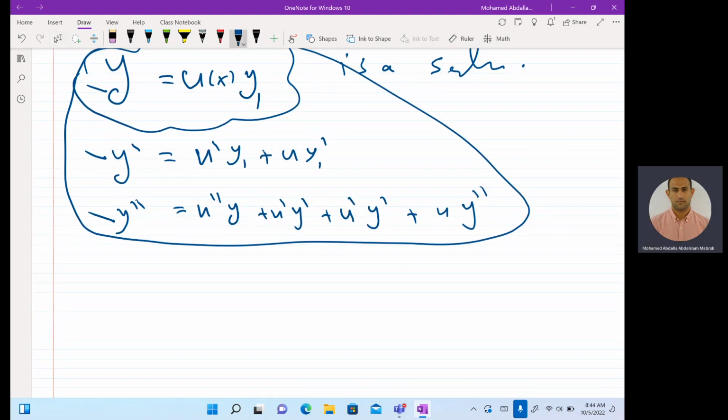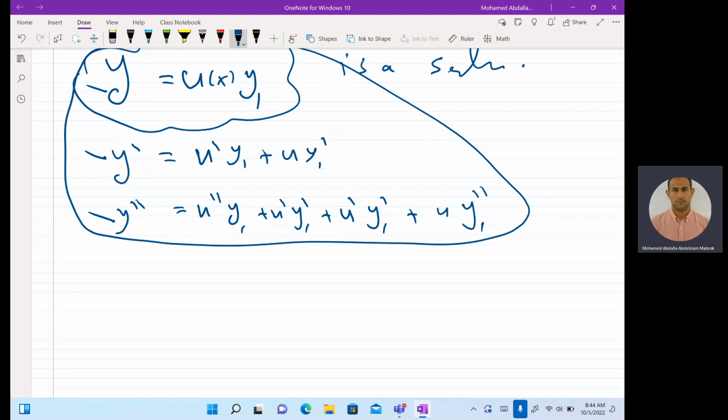You're going to get a very long differential equation in u, but y will disappear because we're substituting for y. What about y1? y1 is given, it's just the y1 that was given to you. So again, it's a function of x.